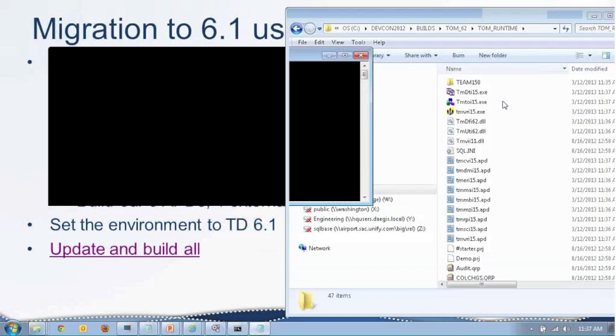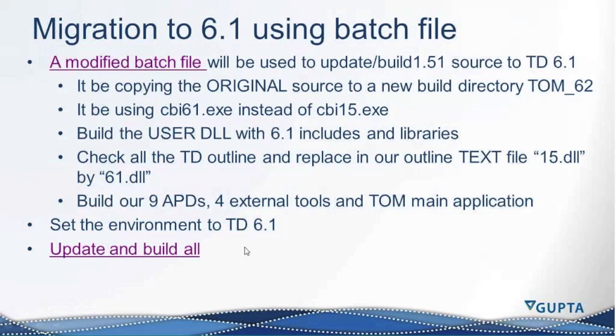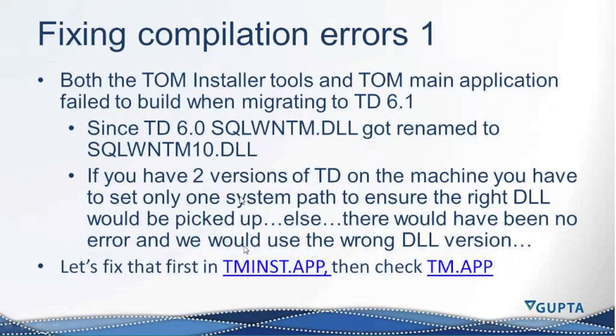Going back to our installer, both the Tom installer tool and the main application failed to build when migrating to TD 6.1. The reason it failed was that since TD 6.0 we have renamed the SQLWNTM DLL to SQLWNTM10 DLL.